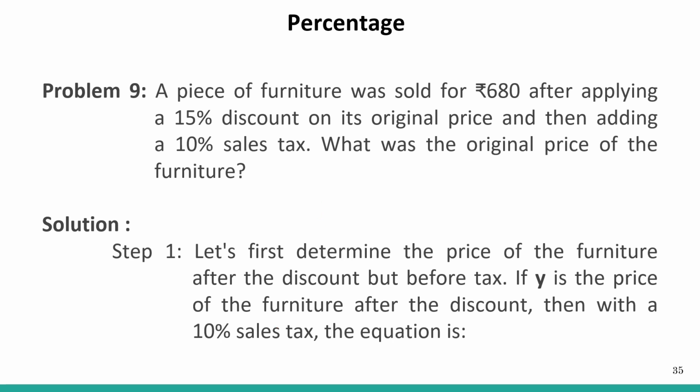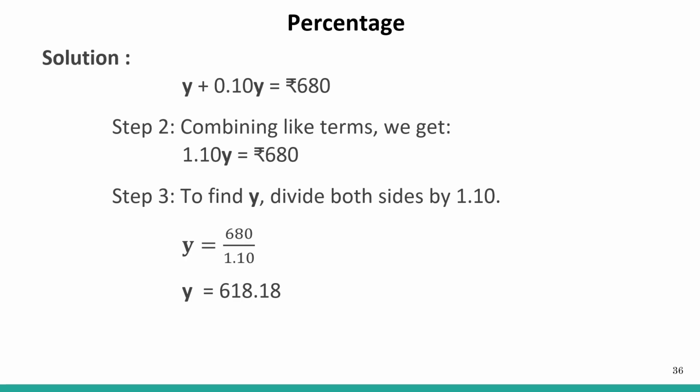If Y is the price of furniture after discount, then after 10% sales tax, the equation is Y plus 0.10Y is equal to 680. Combining like terms, we are left with 1.10Y is equal to 680 rupees. To find Y, divide both sides by 1.10, which gives 618.18.